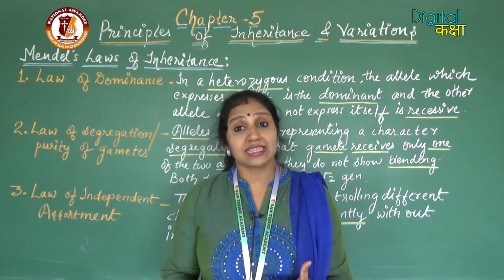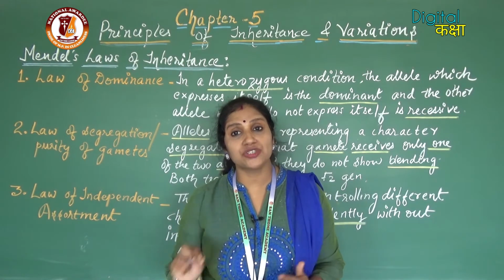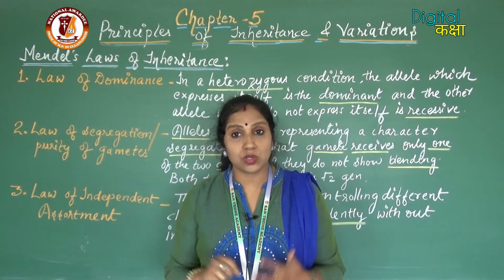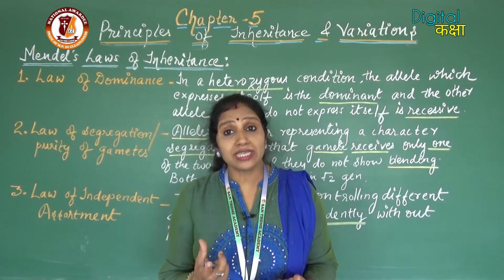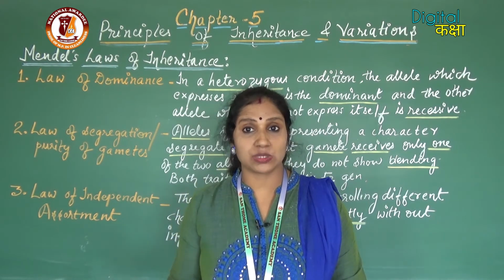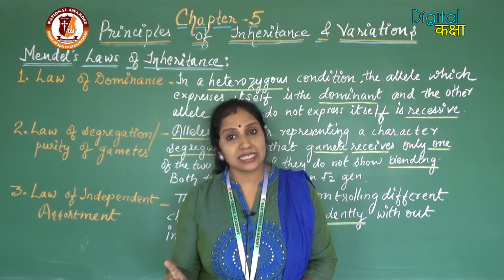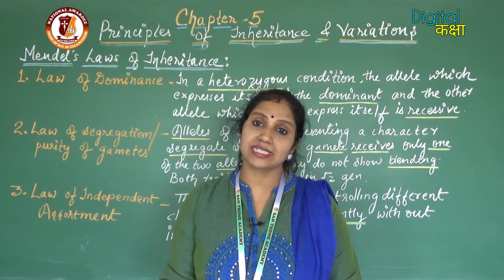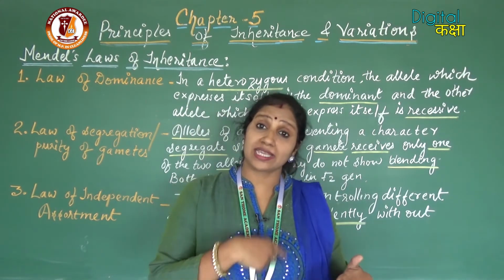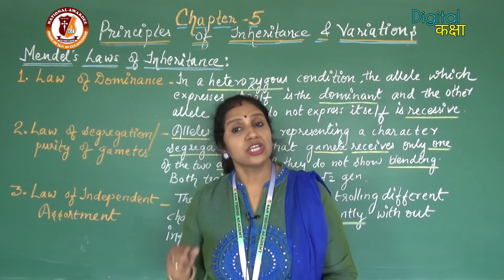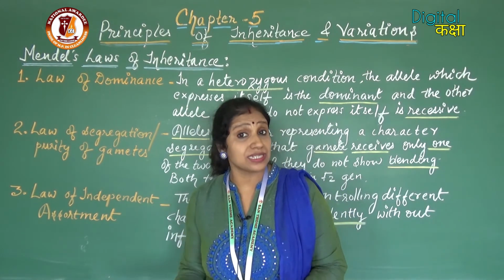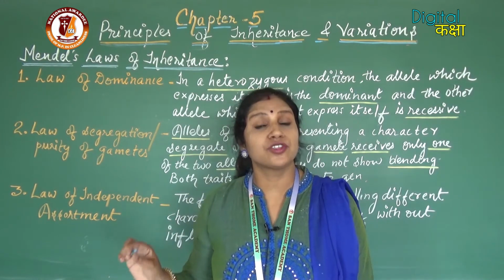So, we have seen in the F2 generation, both the traits are able to express themselves. 3:1 was the ratio, that means 3 tall plants with the dominant trait, and 1 dwarf plant with the recessive trait expressing itself. So, the character which was not able to express itself in the F1 generation has expressed itself in the F2 generation.